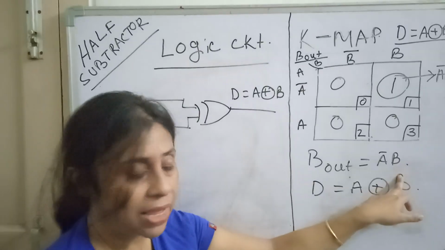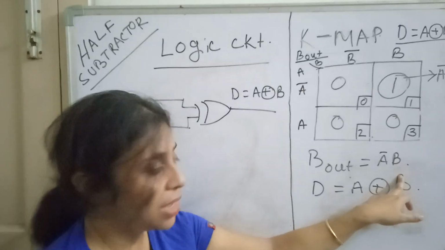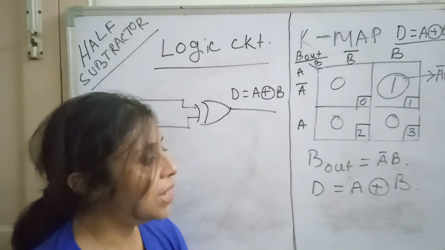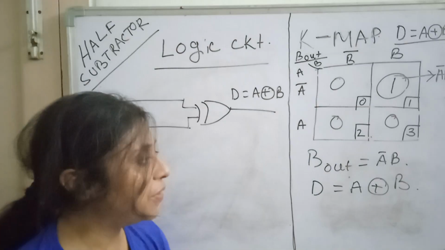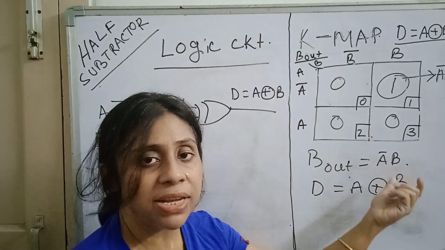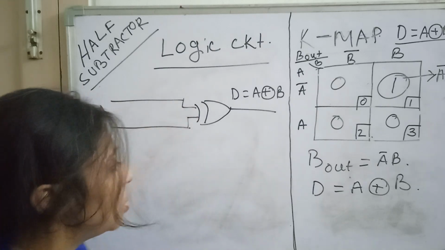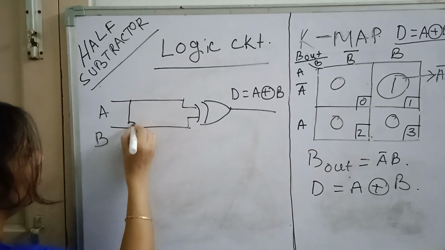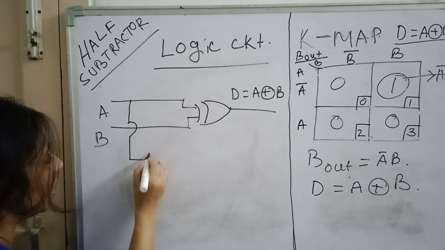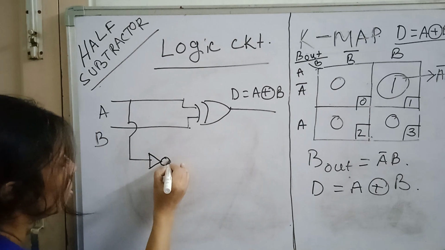Then, to make this dot product, we need an AND gate that will AND A complement and B. So first a NOT gate.